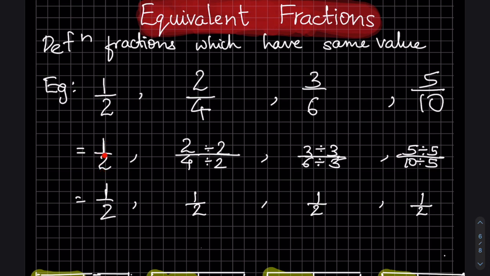So 1 upon 2 is written as it is. Here the fraction 2 over 4 has got 2 in the numerator and 4 in the denominator. 2 and 4 both are even numbers, so both can be divided by 2. So 2 divided by 2 gives 1. 4 divided by 2 gives 2. So 2 over 4 when reduced gives us 1 over 2.